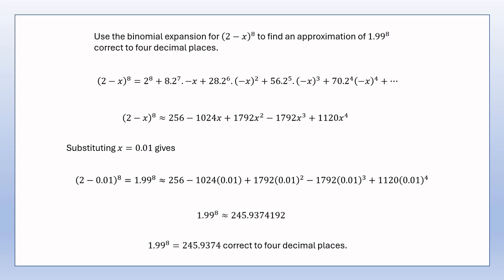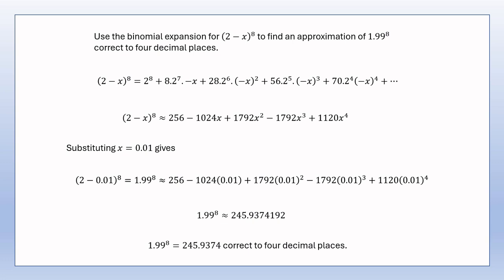I would expect in an exam situation that you would be given more of a clear indication from the outset about which terms to include in your expansion. For example, find the binomial expansion of (2 - x)^8 in ascending powers of x up to and including the x⁴ term, or something along those lines.